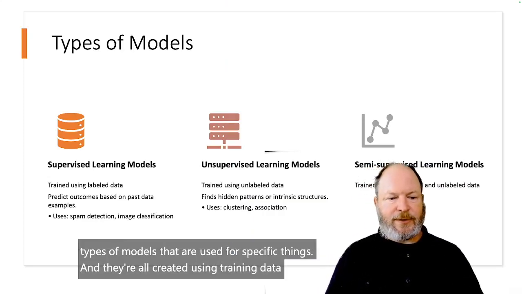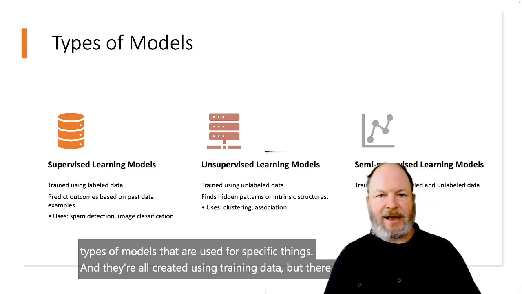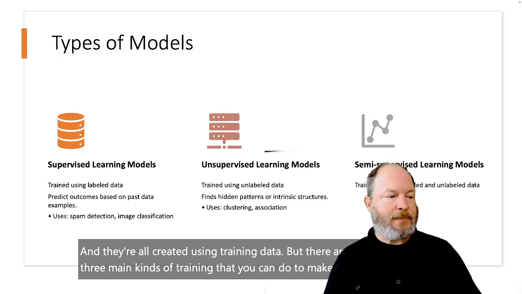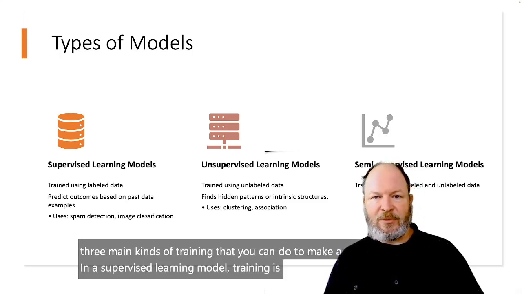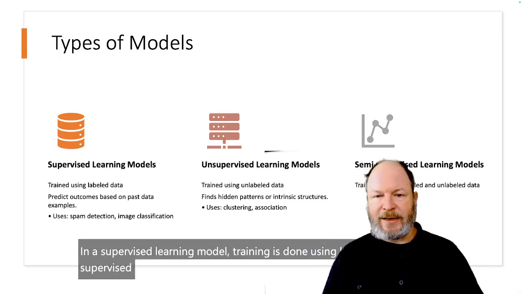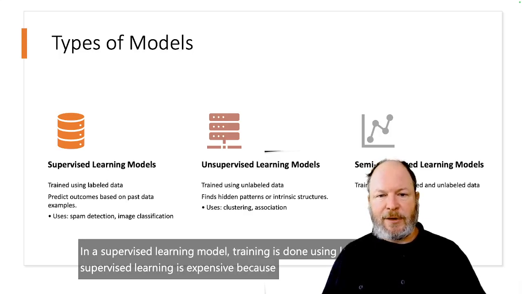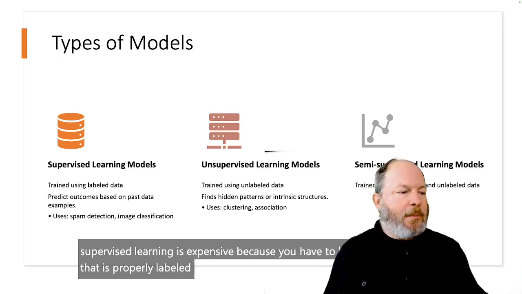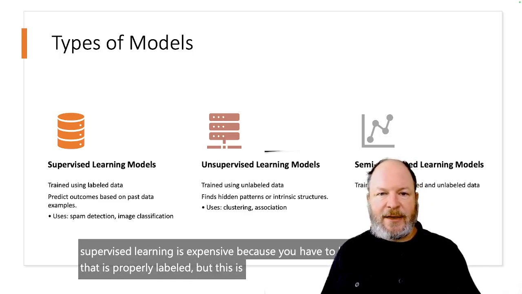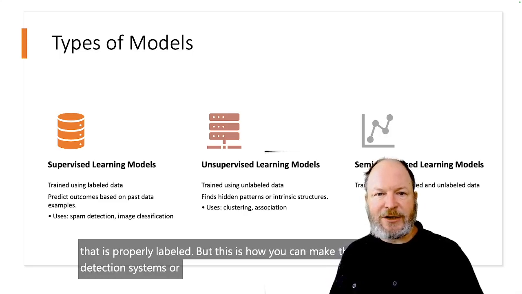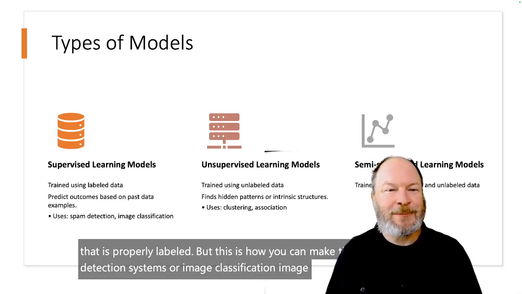But there are three main kinds of training that you can do to make a model. In a supervised learning model, training is done using labeled data. Doing supervised learning is expensive because you have to have a lot of data that is properly labeled, but this is how you can make things like spam detection systems or image classification systems.